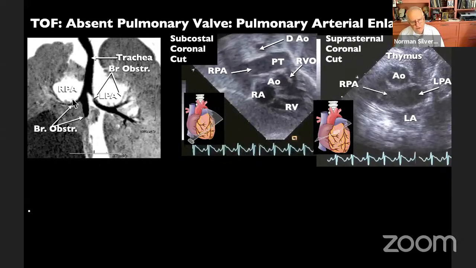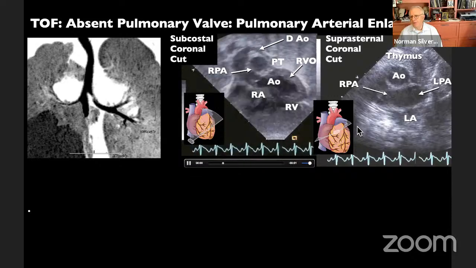But in this condition, this is the real problem, because it erodes the tracheobronchial cartilages. And when these patients cannot breathe by themselves, they have a prolonged course, and the airways are a problem that require surgical attention as well. And here, these massive pulmonary arteries can be seen subcostally over here. Look at the size of the right pulmonary artery, it is larger than the aorta.